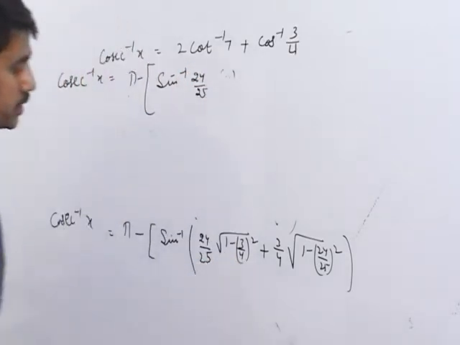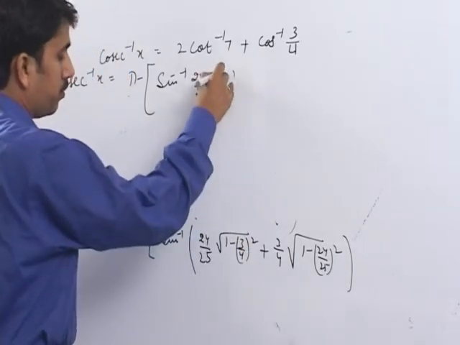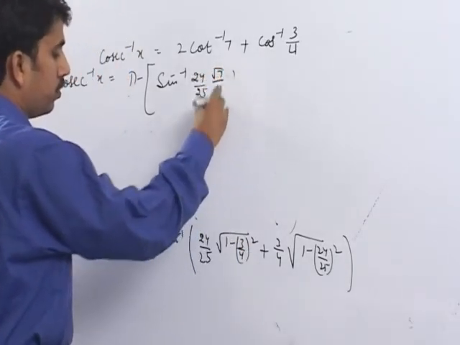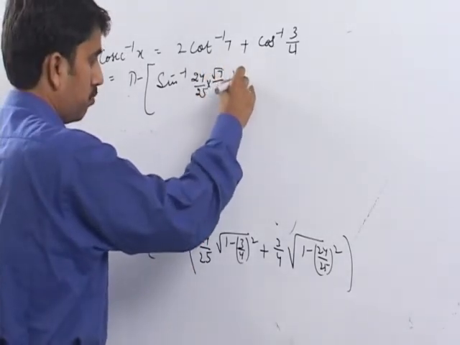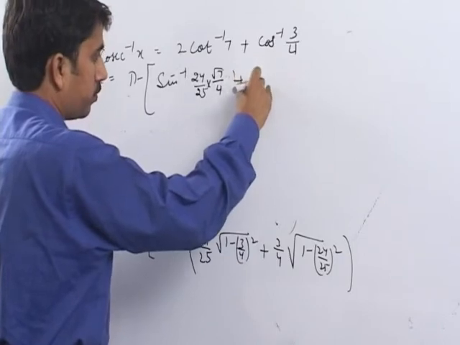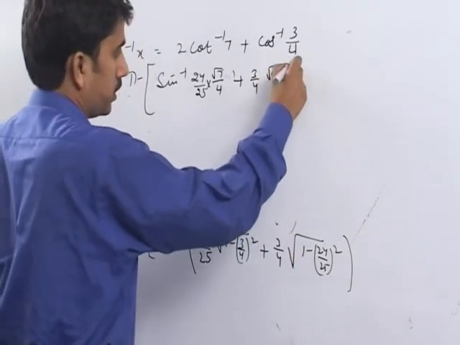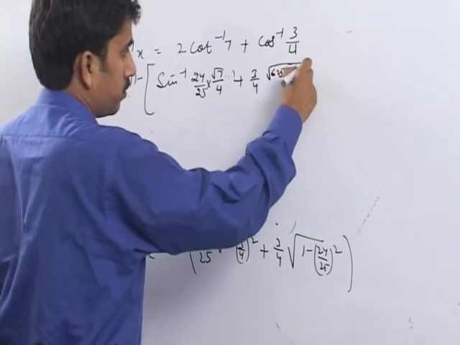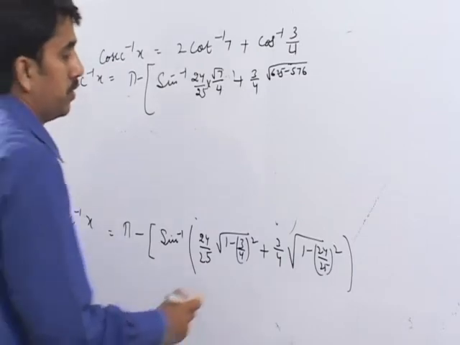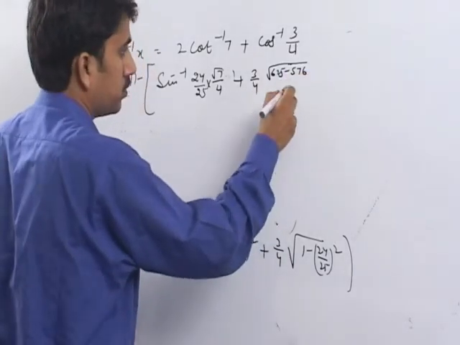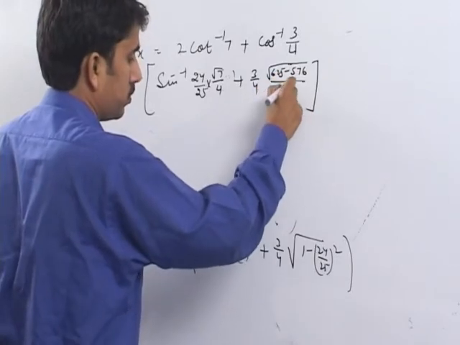This is 4 squared, 16, and 16 minus 9 is 7, root 7 by 4, and then plus 3/4. This is 625 minus 576 over 25.